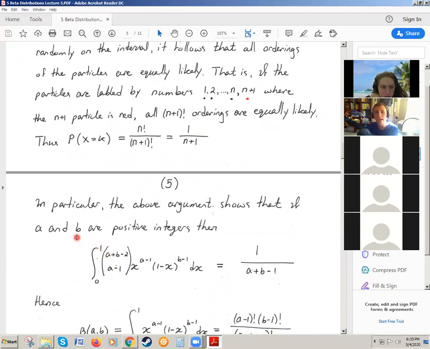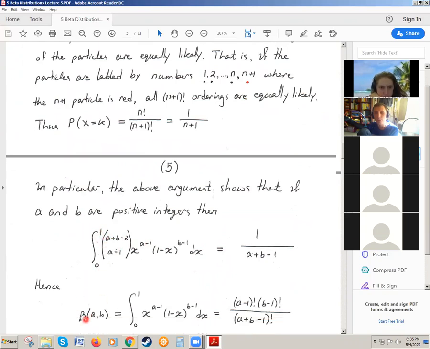Therefore, my goal was initially to calculate this beta of a, b. If a and b are positive integers, then I can do the following. The beta integral is x to the a minus 1 times 1 minus x to the b minus 1.